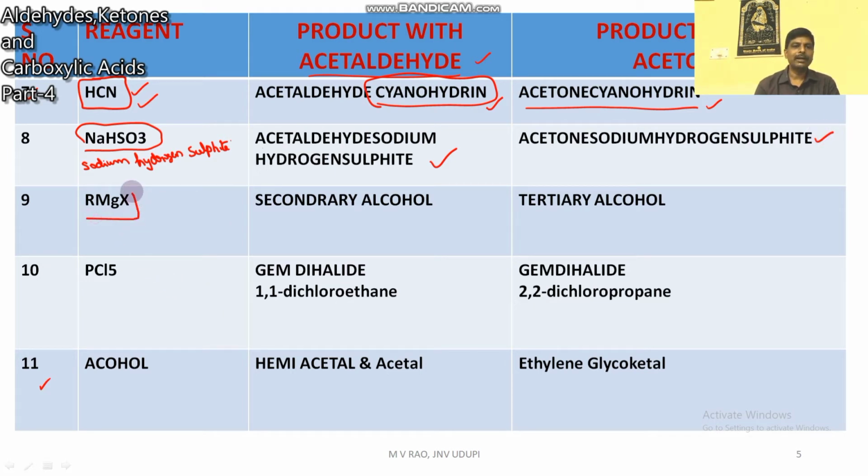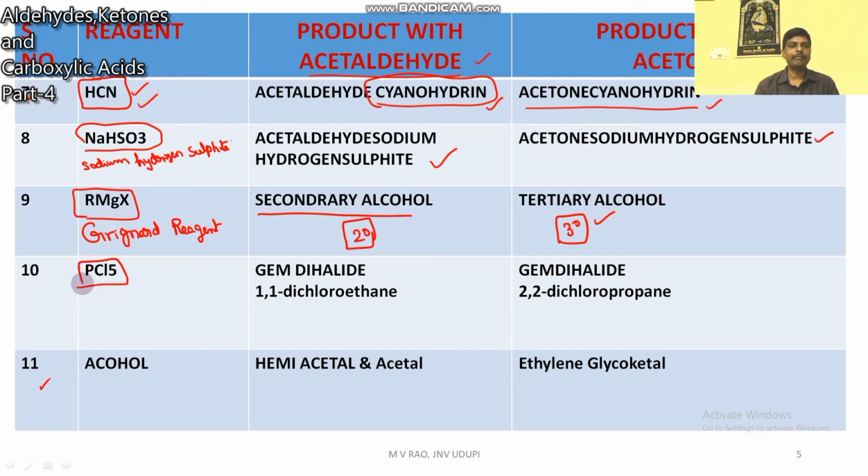Next, the Grignard reagent RMgX; this reaction is important. When acetaldehyde reacts with the Grignard reagent, secondary alcohols will be formed. When a ketone reacts with the Grignard reagent, tertiary alcohols will be formed.